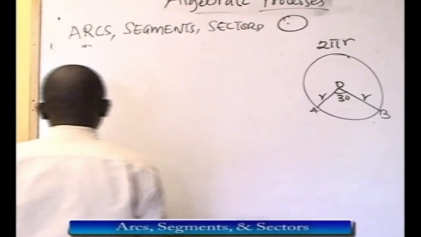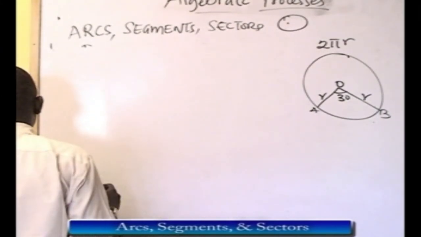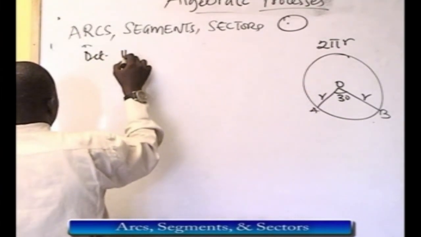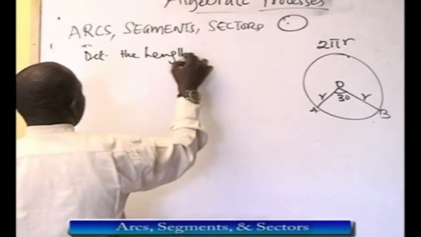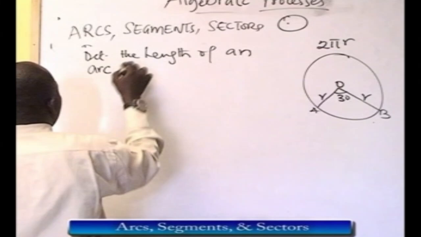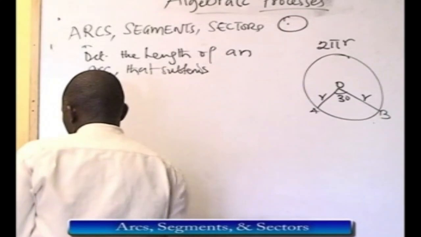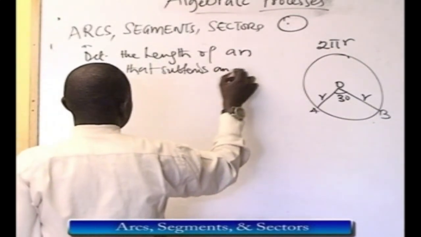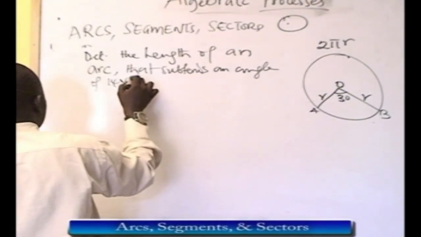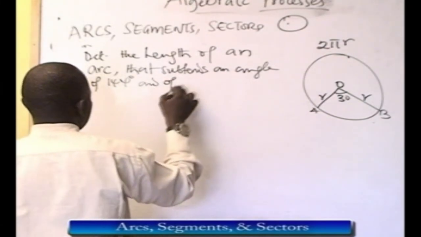Determine the length of an arc that subtends an angle of 144 degrees, and the radius is 7 centimeter.